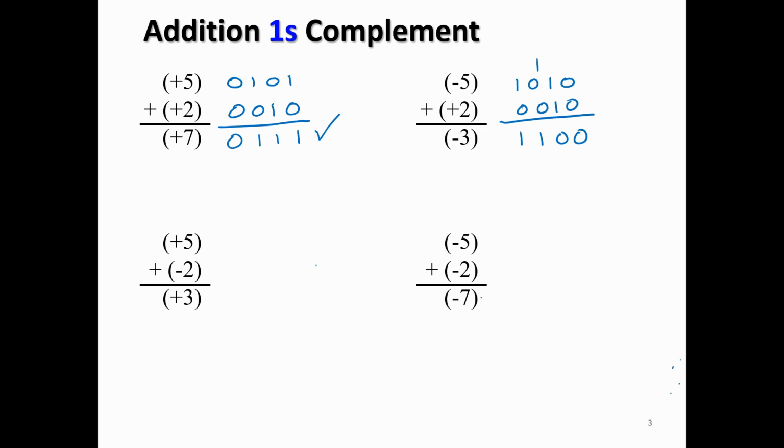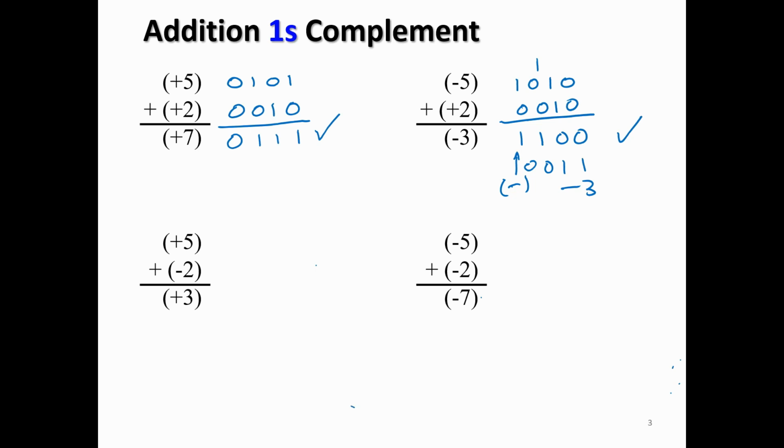Using the conversion of a ones complement number, this starts with a 1, so that's a negative number. Then we invert each of the bits, so 1, 1, 0, 0, and that's a 3. So we have a negative 3. In this case, it also works.